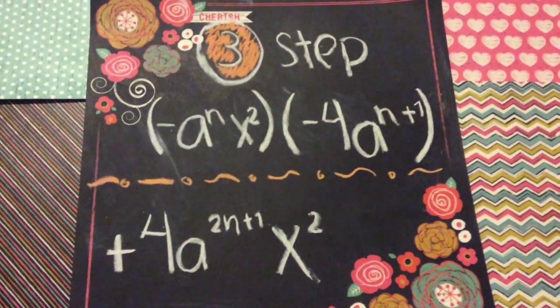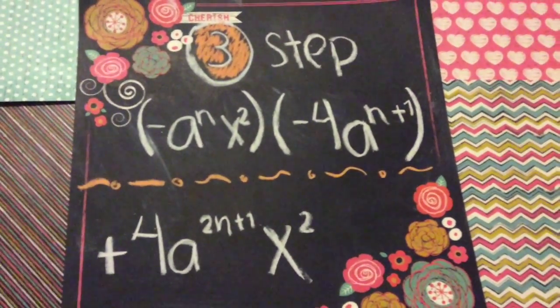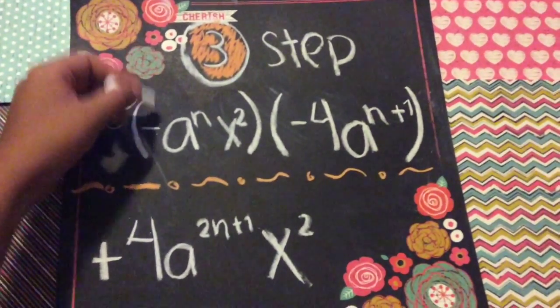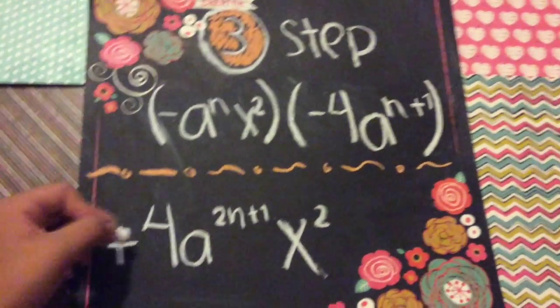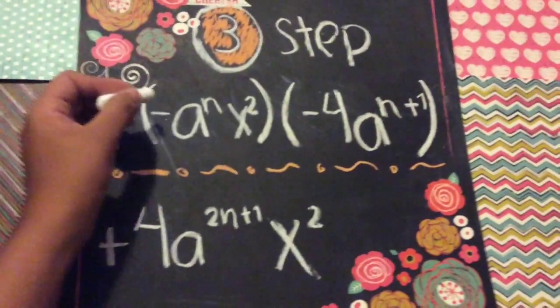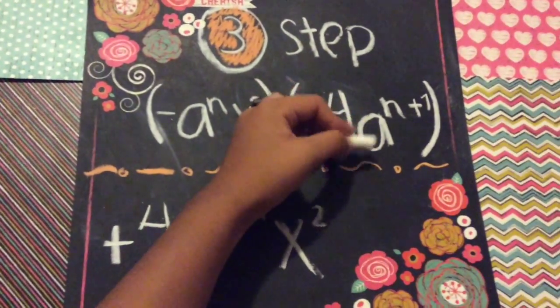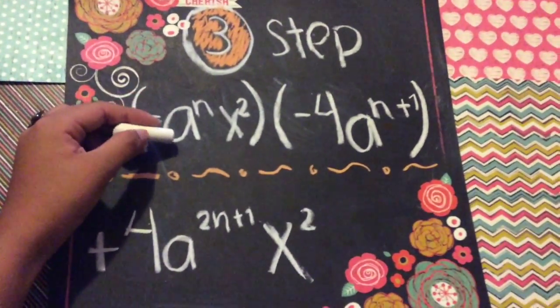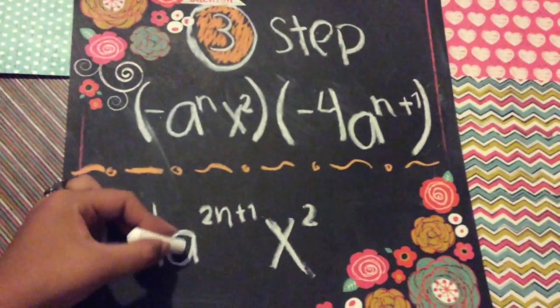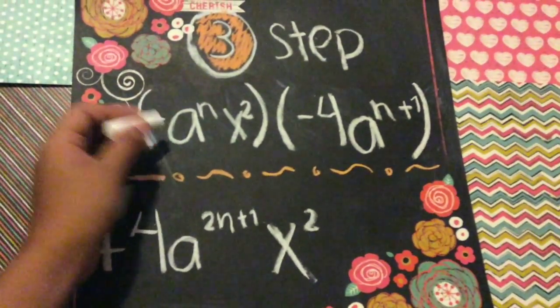This is going to be our third step. Here we have negative and negative, so it's going to be positive. We have 4a, and here we have only 1a, so it's going to be 4a, because 4 times 1 is going to be 4.